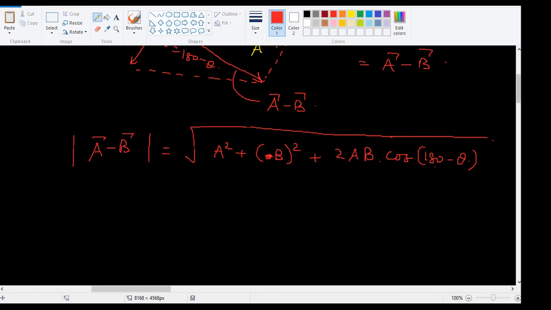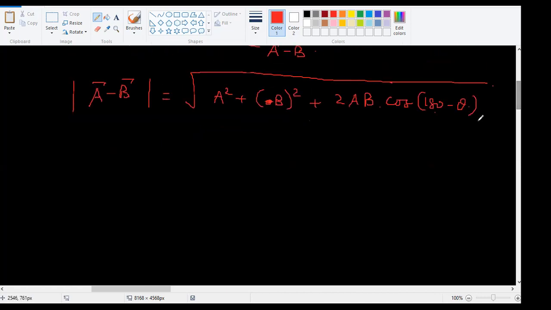Cos 180 minus theta, anybody? Is it first quadrant or second quadrant or third quadrant? 180 is here. 180 minus theta means it is in the second quadrant. In the second quadrant, is cos positive or negative? Negative.